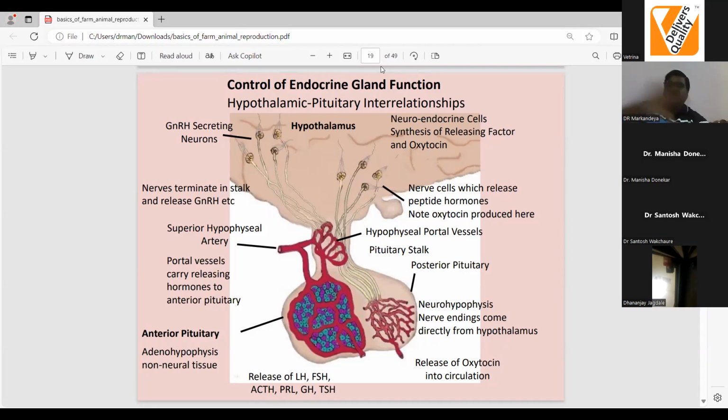Now, once this particular cycle is going on, the second part of FSH action is played in the ovaries: under the influence of FSH, the follicle develops, but this follicle secretes estrogens. Once estrogens come into the picture, on one hand they will suppress FSH, and on the other hand they will increase the level of LH.